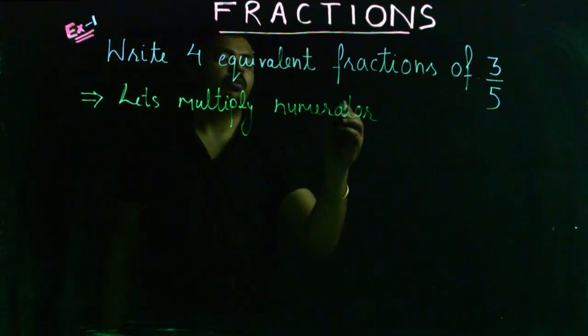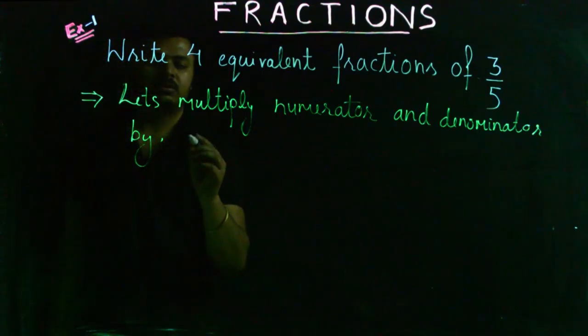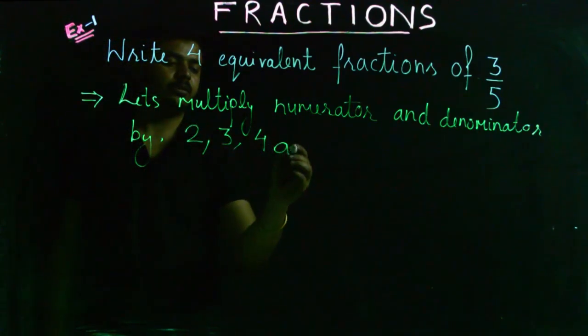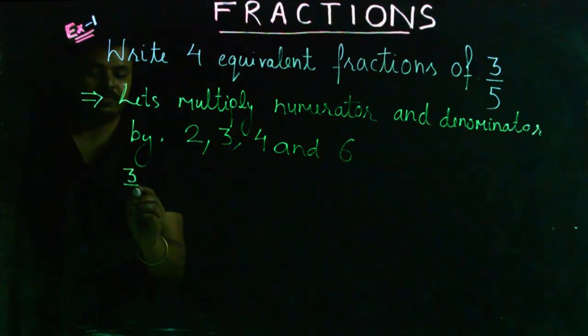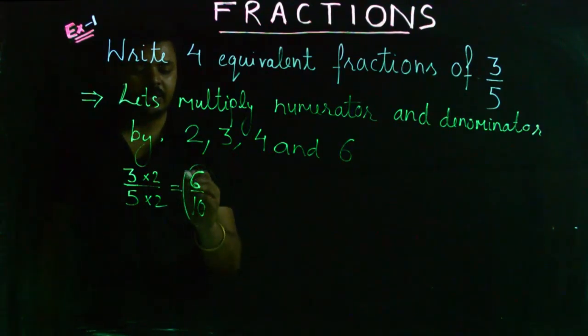We can select any number, suppose 2, 3, 4 and 6. So let's start: 3 upon 5 into 2 into 2, 6 upon 10. So our first equivalent fraction becomes 6 upon 10.